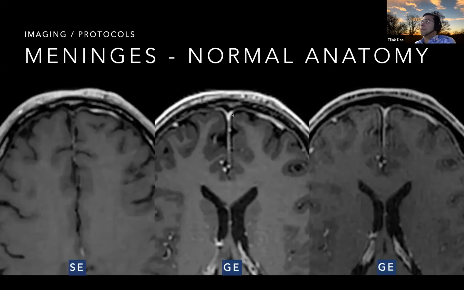In the past, the description of normal meninges on MR used to be of a broken line of enhancement, not always continuous, but you'll notice now on these 3D sequences, it's much easier to see it as a continuous line. And the extra enhancement along the dura is likely related to vessels.